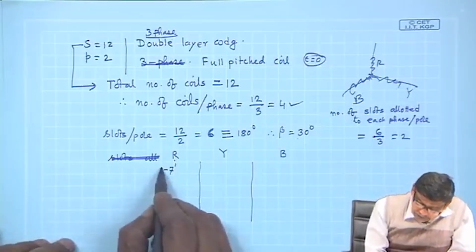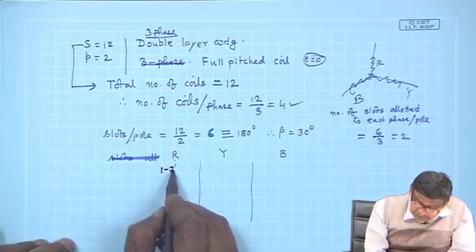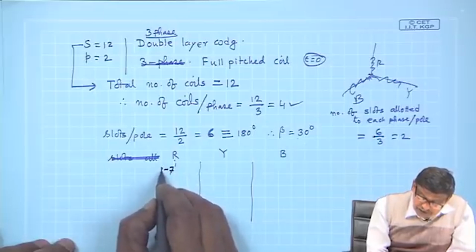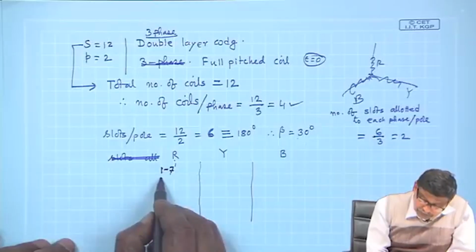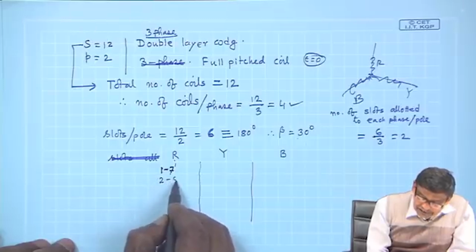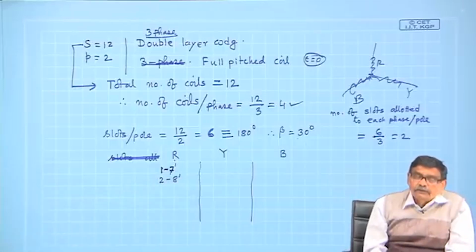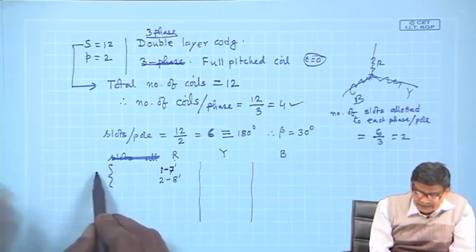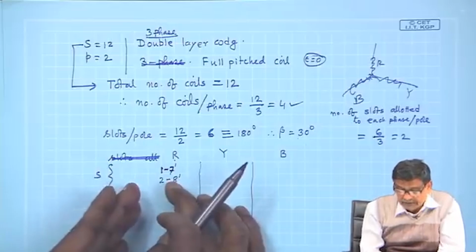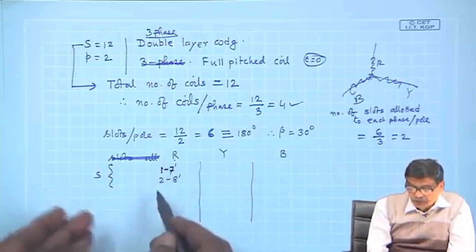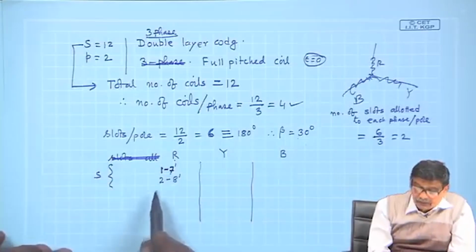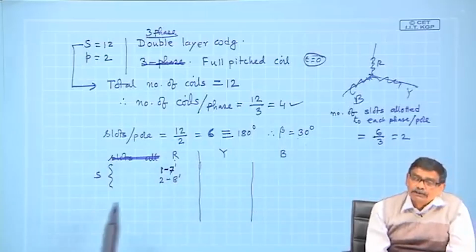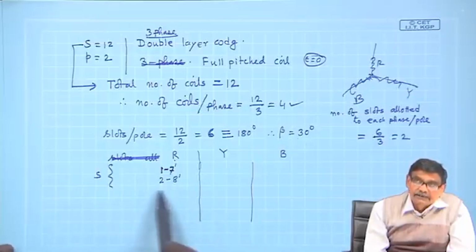So, I start with 1, give 7 dashed. Then the second coil, because 2 slots are available, this 2 should be 8 dashed. So, R phase has 2 coils, and perhaps this is under say south pole or north pole, whatever it is. First 2 slots I have allotted to R phase, and these 2 coils I will call 1 7 dashed and 2 8 dashed.